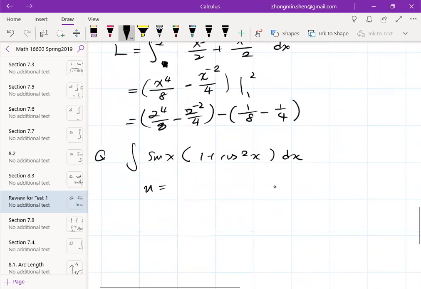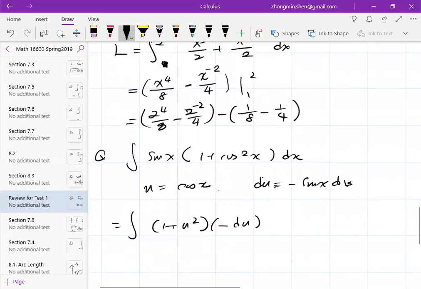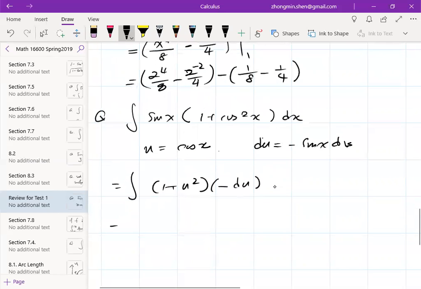Let u be cosine x, then du equals negative sine x dx. So the integral becomes 1 plus u squared, and sine x dx is going to be negative du. So that will be negative, not u squared, u, and plus 1/3 u cubed, plus a constant.